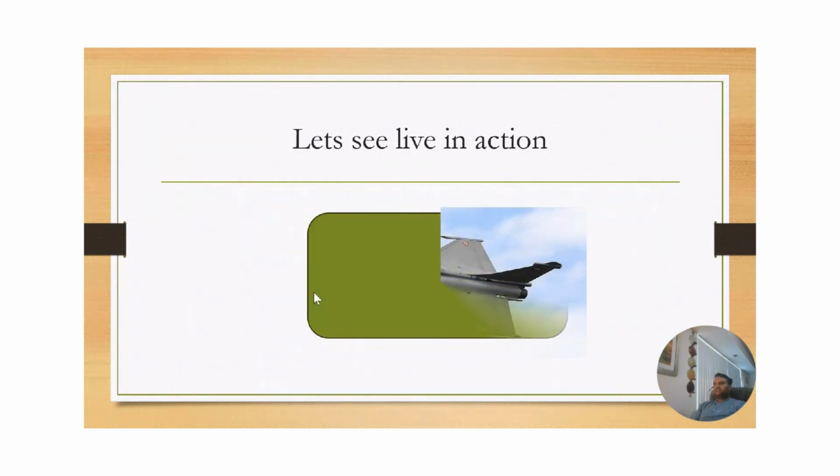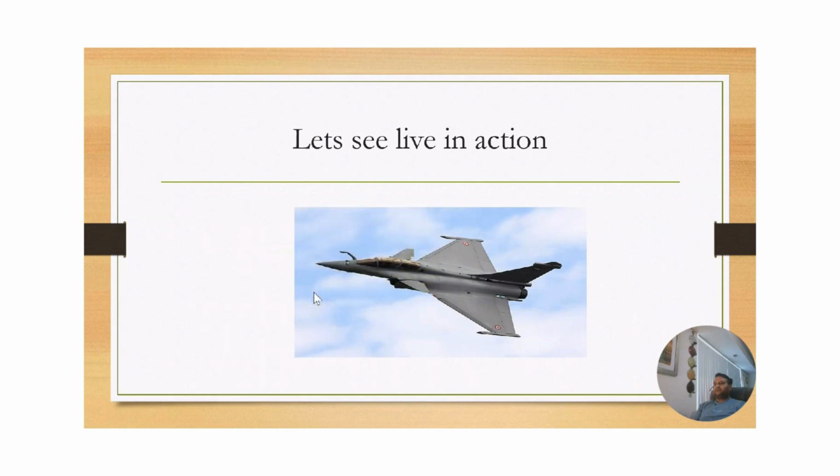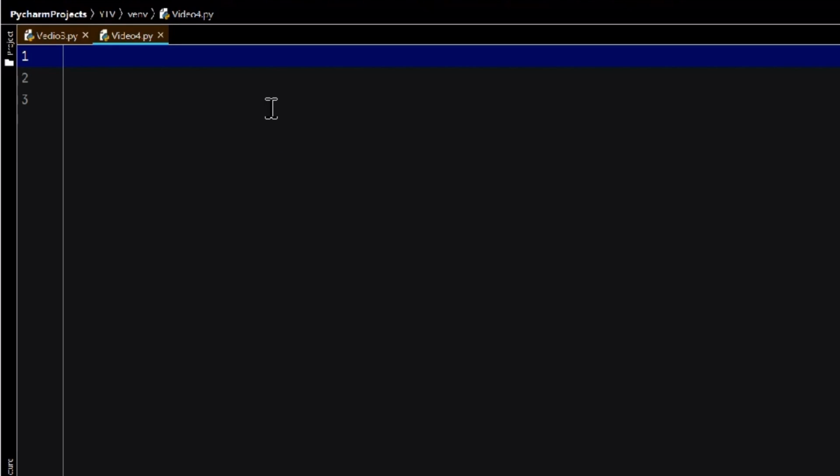So let's see it live in action. Let me fire up Python and then we will see you there. Let's start our live demo of this string method concept. So let me take an example of a string type because we are learning methods on string.